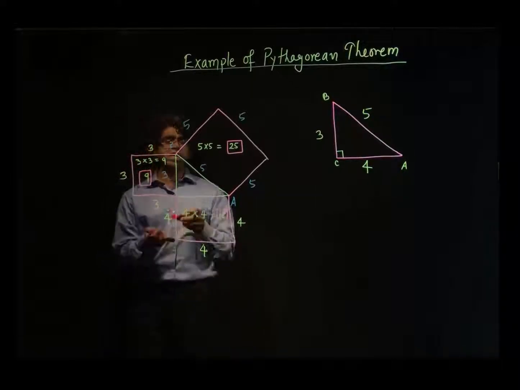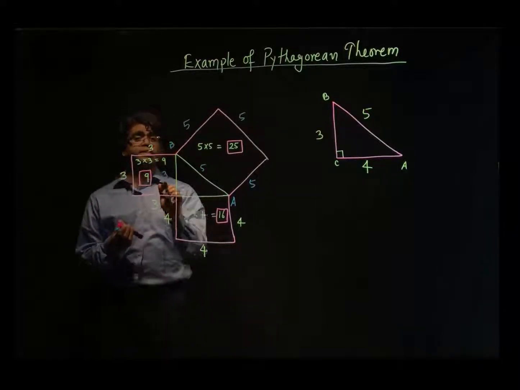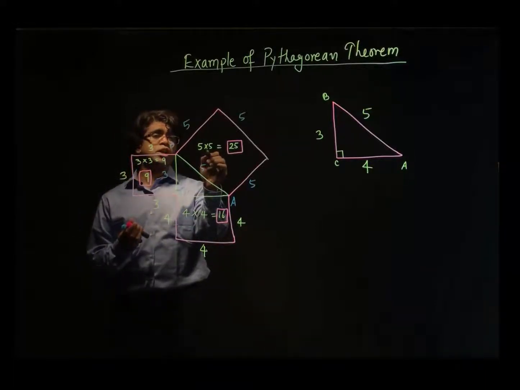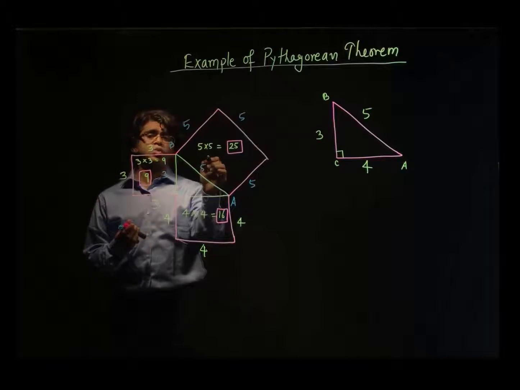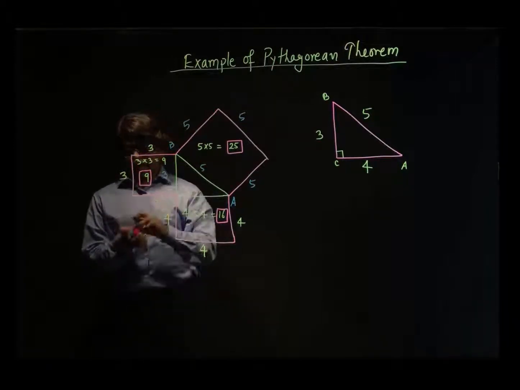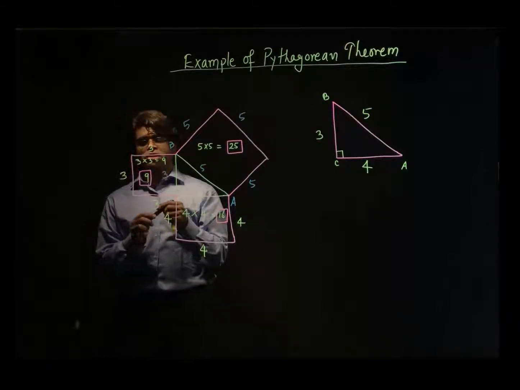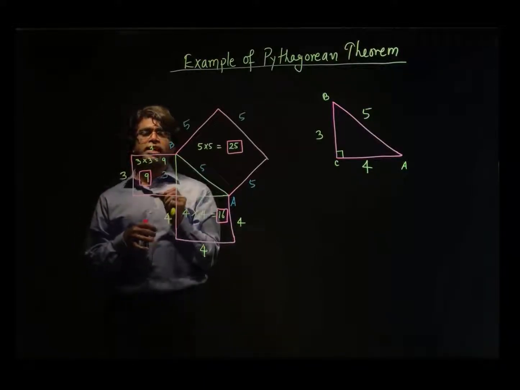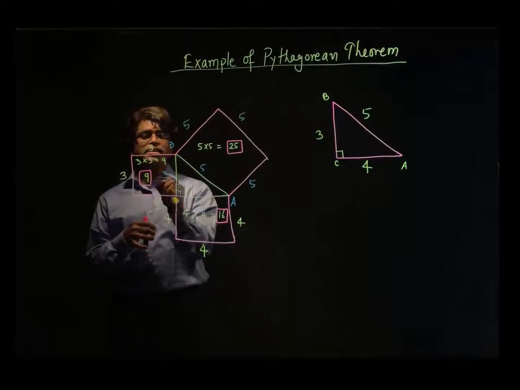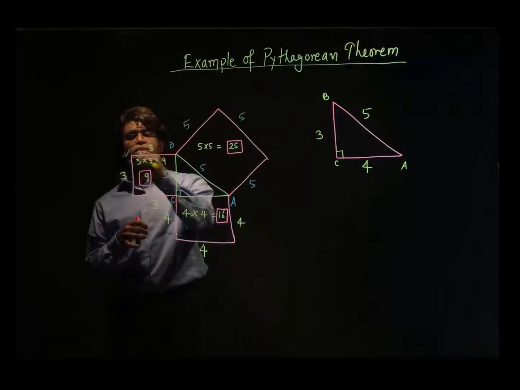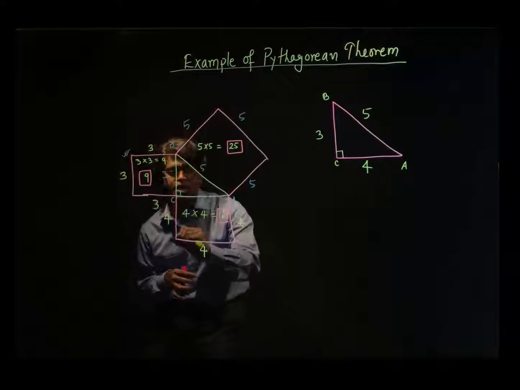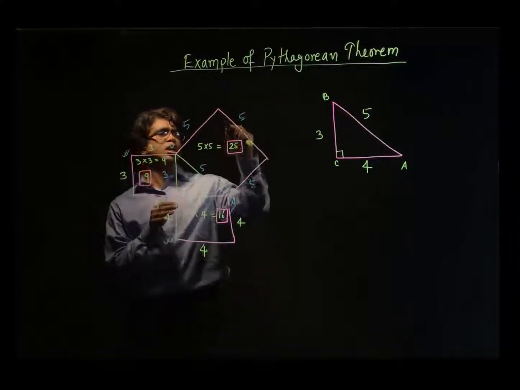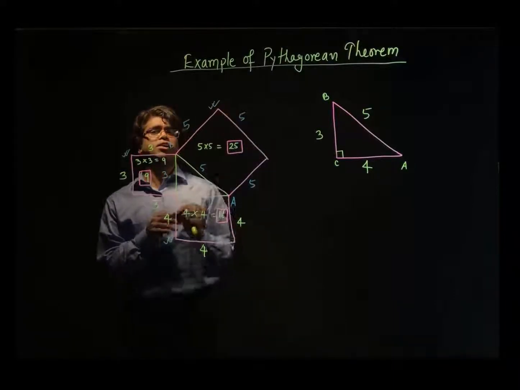Now let's see if the sum of these two areas is equal to the area of the biggest square. Technically, I'm adding the area of this square plus the area of this square, and seeing if those two areas are equal to the area of this square or not.